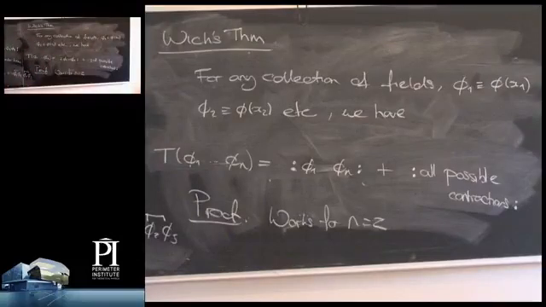So it works for n equals 2, and then the proof just follows by induction for n greater than 2. So assume it works for n, and prove it works for n plus 1.